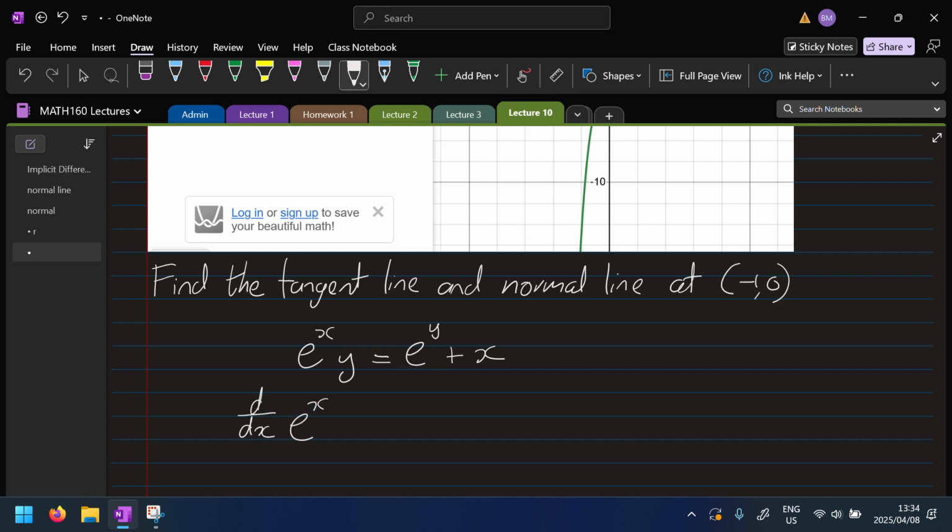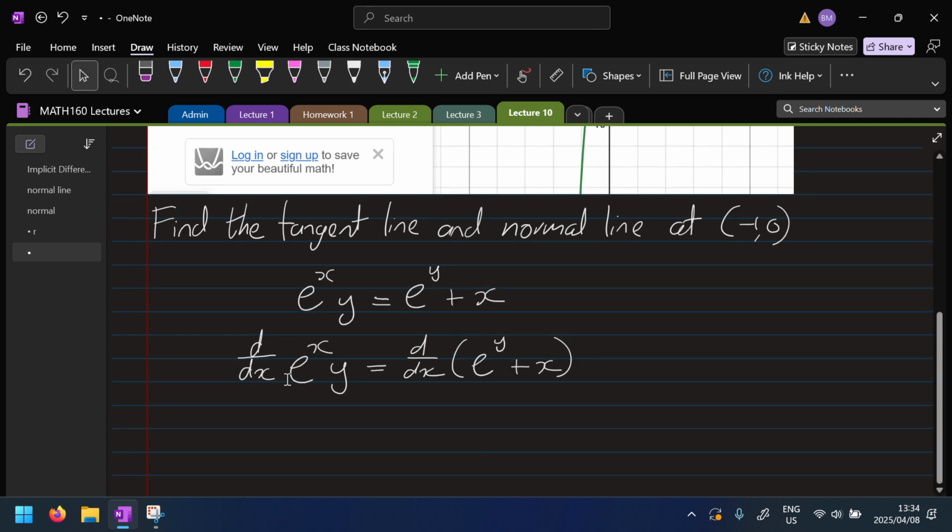So d by dx of e to the x times y is equal to d by dx of e to the y plus x. Okay, for the first part here on the left-hand side, we've got e to the x times y. That's a product of functions, so a product rule. The derivative of e to the x is e to the x, and we leave the second term alone. Plus, then we leave the first term alone, and then the derivative of y is y prime.